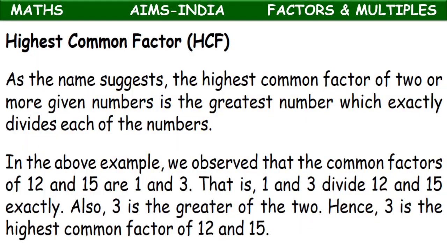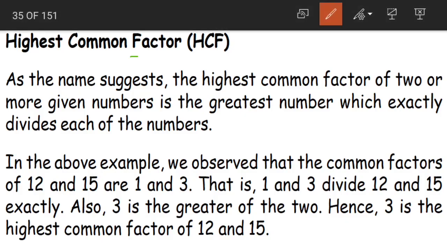Okay. Next, highest common factor. As the name suggests, the highest common factor of two or more given numbers is the greatest number which exactly divides both the numbers. We already know what a factor is: a number that divides another number completely.